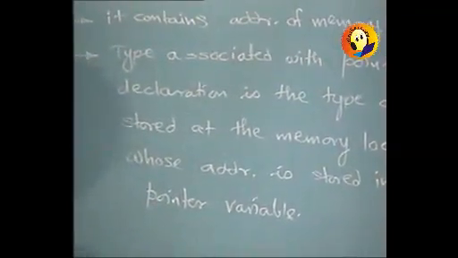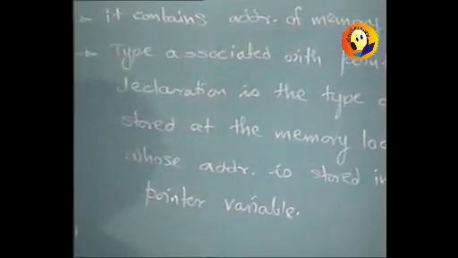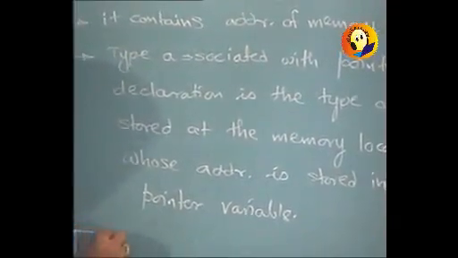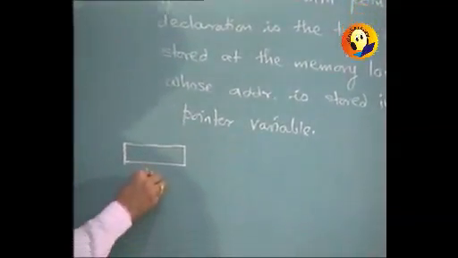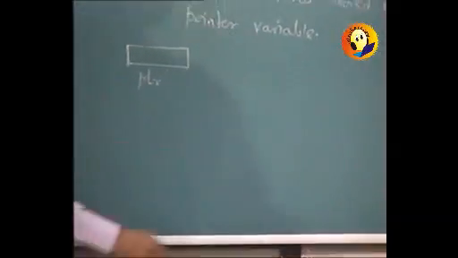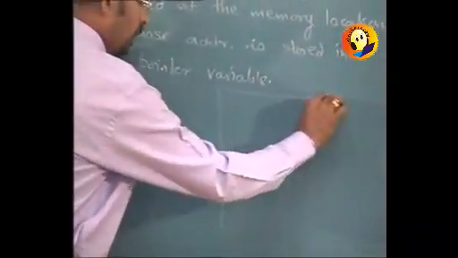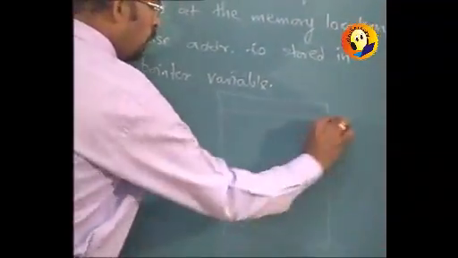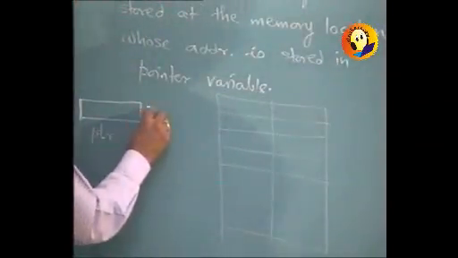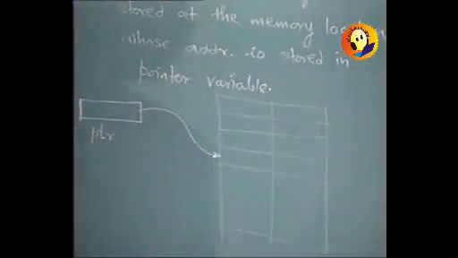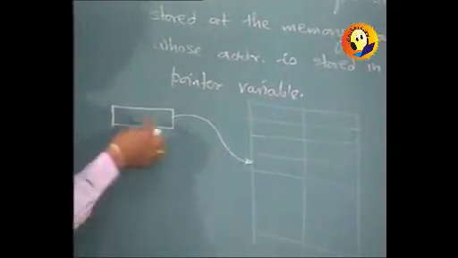See the wording carefully. If I have declared some pointer, this is some PTR, then in memory you have several memory locations. It might be pointing to a particular location. So this particular address is stored over here.